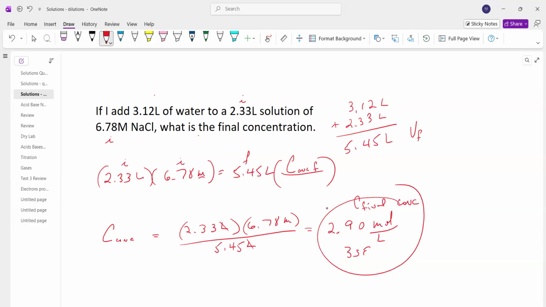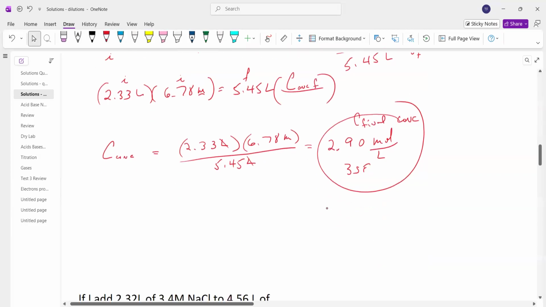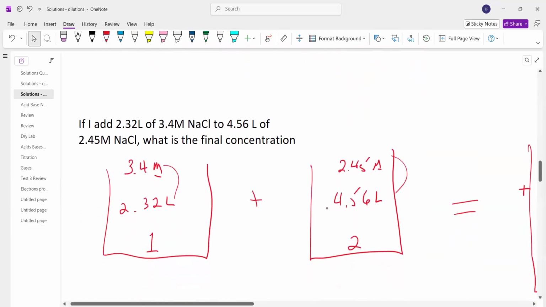Remember, there are four variables. You need to know 3 of them to find the 4th one. Okay, so this is different.